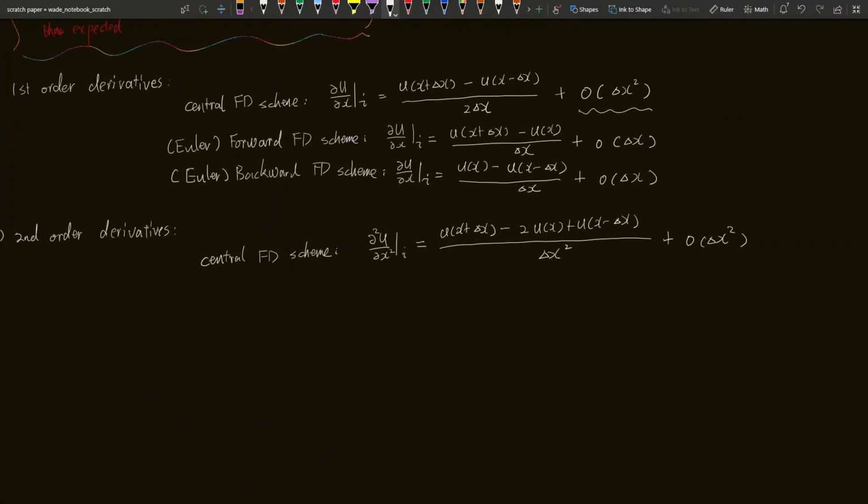And similarly, we have the Euler forward scheme as u(x plus 2 delta x) minus 2 times u(x plus delta x) plus u(x) over delta x squared plus the error term.